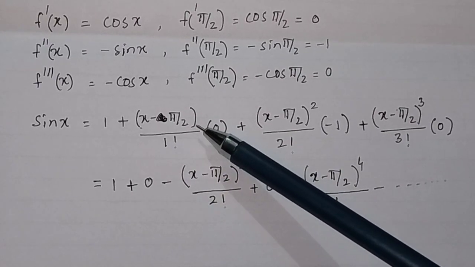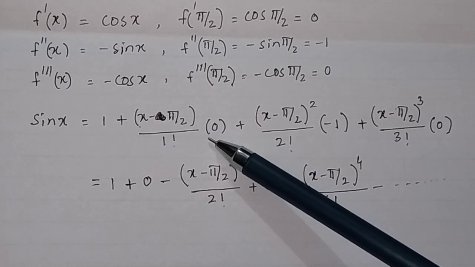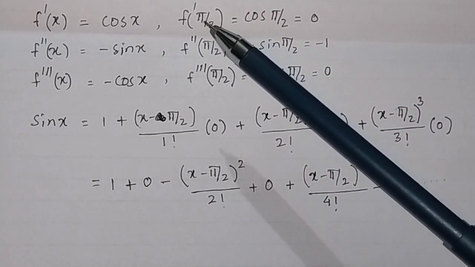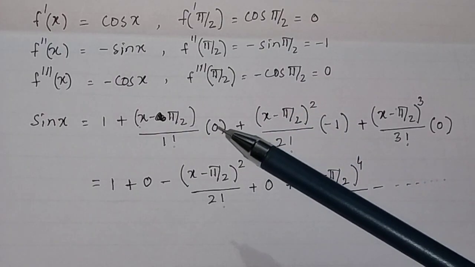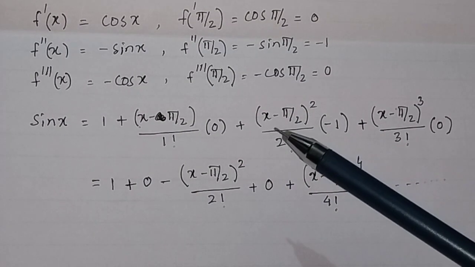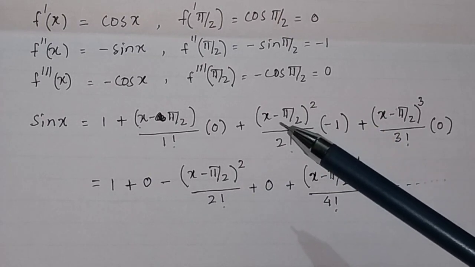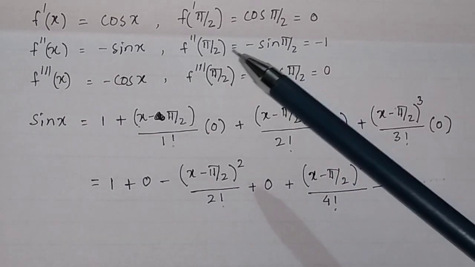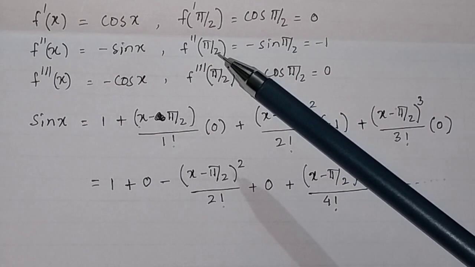So x minus pi by 2 divided by factorial 1 into f dash a. What is f dash a? f dash pi by 2 is equal to 0. So this is 0. The next term is x minus pi by 2 whole square, because x minus a whole square, so x minus pi by 2 whole square divided by factorial 2. And what is f double dash pi by 2?